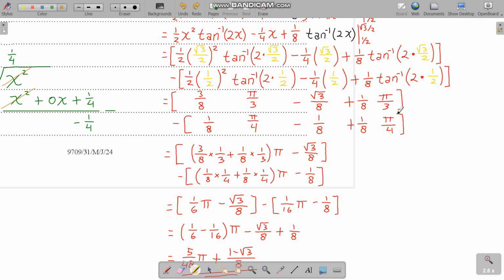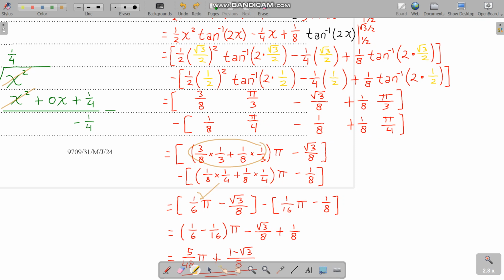Now you can factorize the pi, so factor out pi, so you have 3 over 8 times 1/3 plus 1 over 8 times 1/3. You factor out the pi here and the same thing here, so you have this plus this.